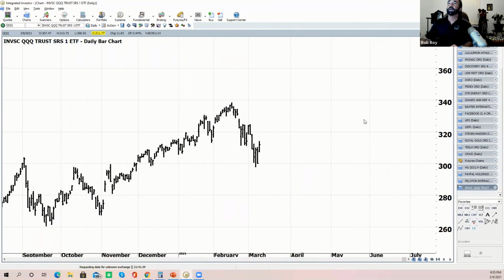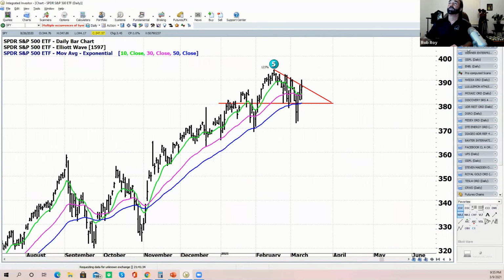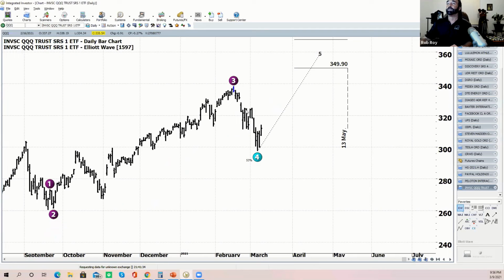It really is kind of pretty similar scenario here with the Qs and where the S&P is. You can see there's the S&P, and actually not really. This is more vertically down. So certainly the selling has been stronger in the NASDAQ, really not the same pattern.